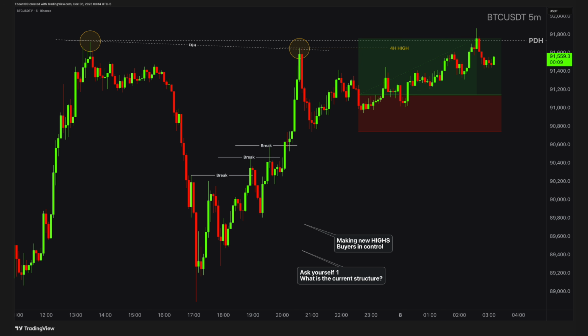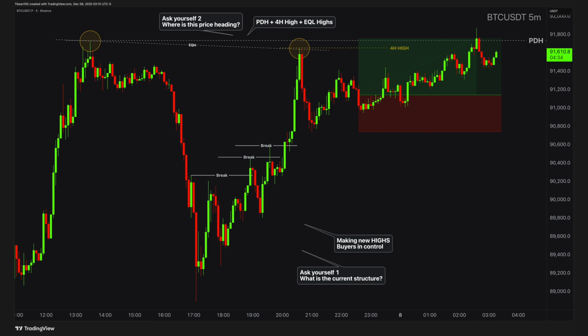And basically the buyers are stepping in, taking control of this move, pushing the price higher. This part is pretty clear. And next, we already noticed the most likely direction where the buyers are trying to push the price. This lines up with the previous day's high, the 4-hour high, and those equal highs all forming together.